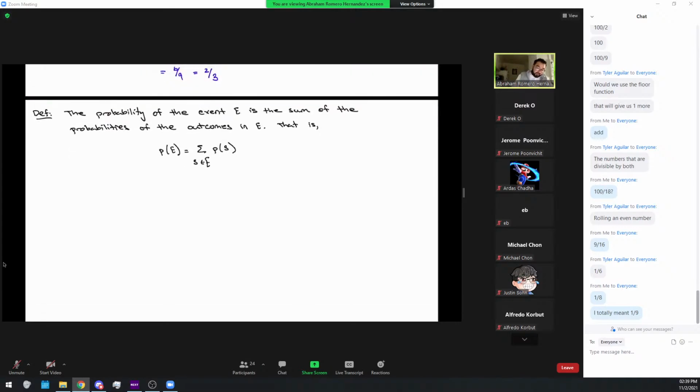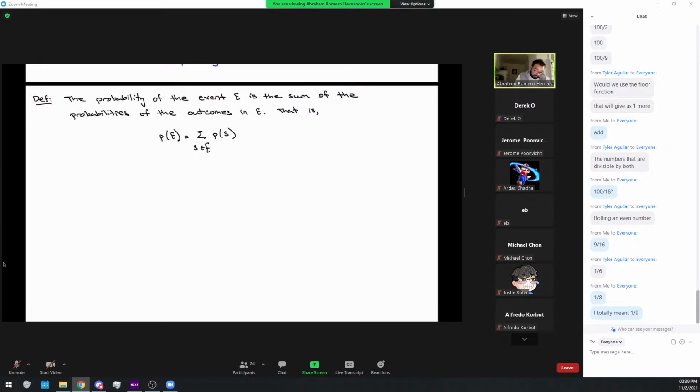Okay. Now this is the same thing as this definition, theorem 7.2.1. The only difference is that it's making the connection between union and summation.